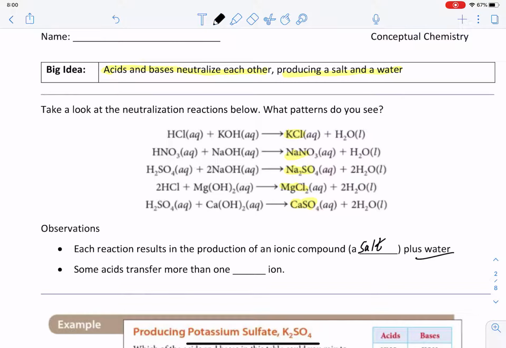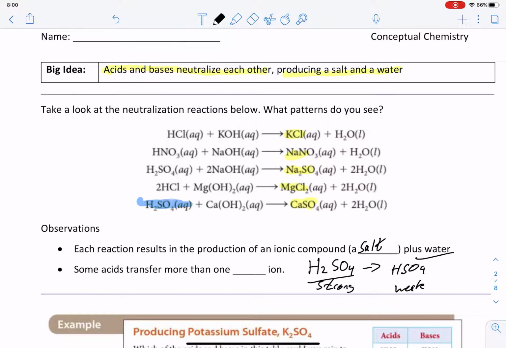Next, some acids transfer more than one ion. So if we look at this guy, sulfuric acid, H2SO4, that can actually donate 2 hydrogens, right? So this is a strong acid. It's going to easily dissociate with that first one. That turns into HSO4-.